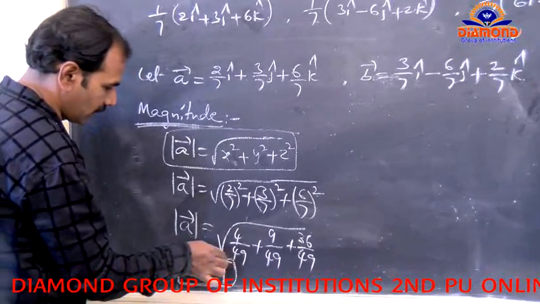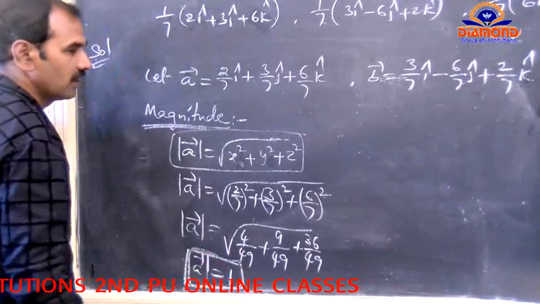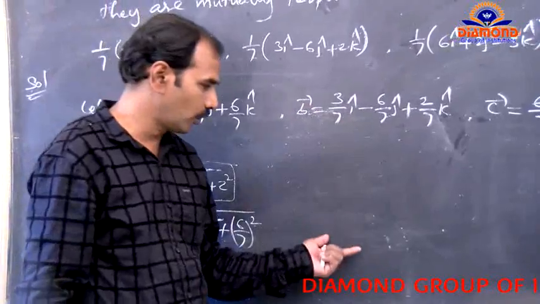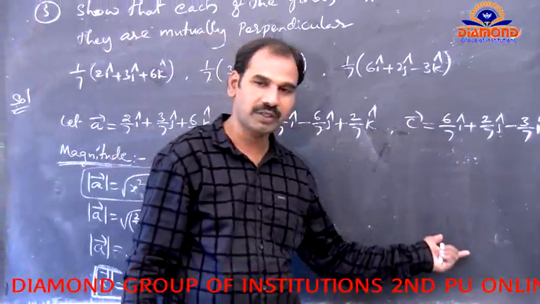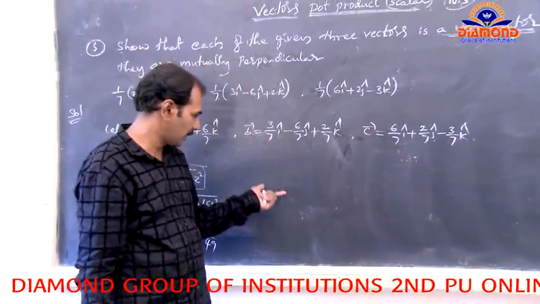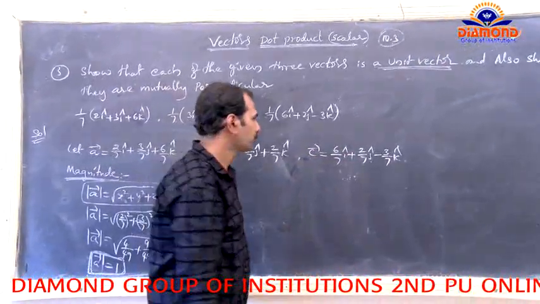So a is a unit vector. Similarly, b is also a unit vector, and c is also a unit vector. You calculate these magnitudes.